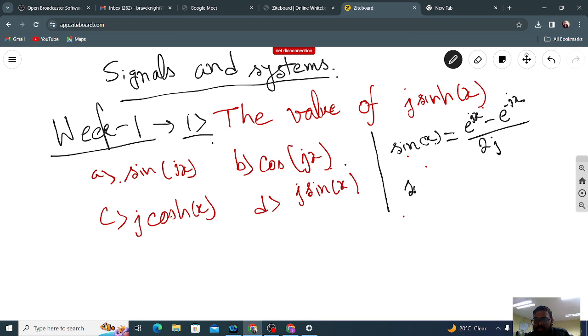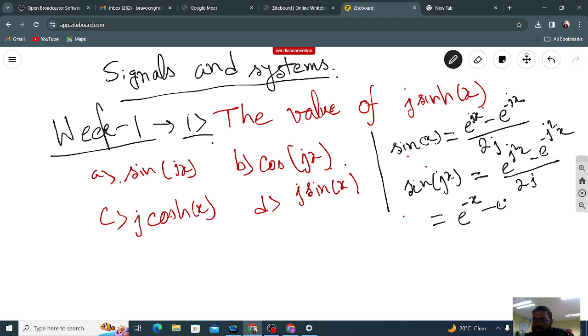And so sin of jx will be e to the power j square x minus e to the power minus j square x by 2j, that is equivalent to e to the power minus x minus e to the power x by 2j.